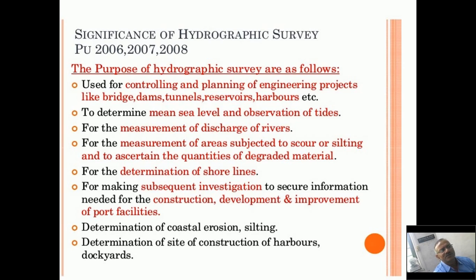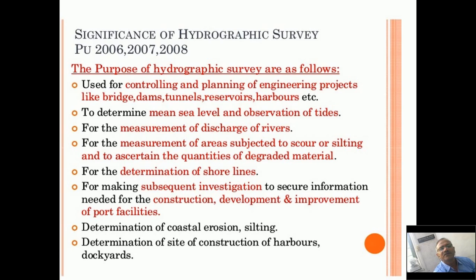You may use simple methods like the float method, or you may use nuclear isotopes, or using simple equipment like the current meter, this discharge can be measured. So this type of survey is the hydrographic survey.